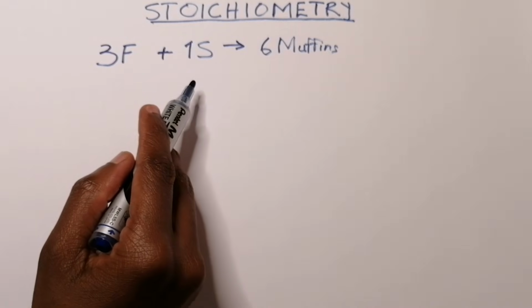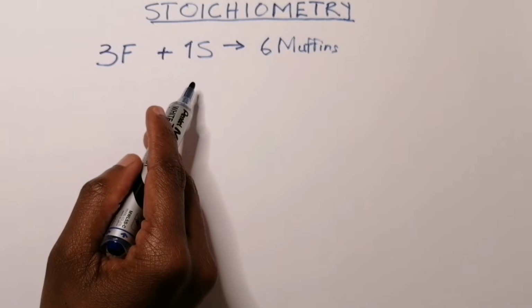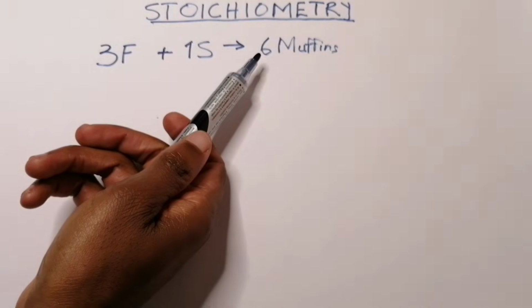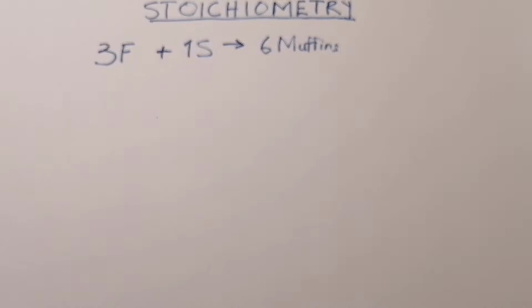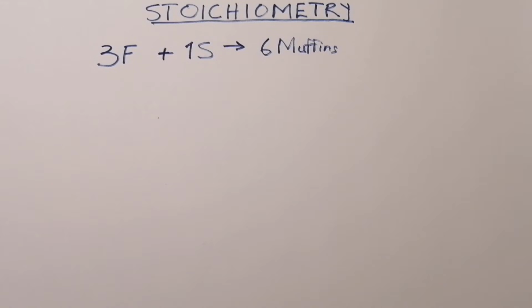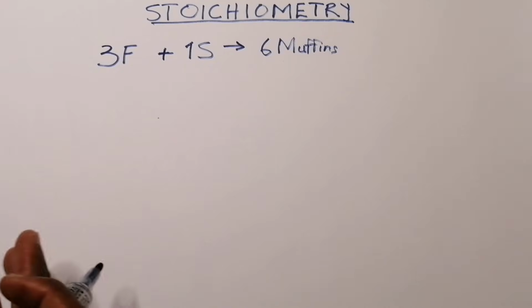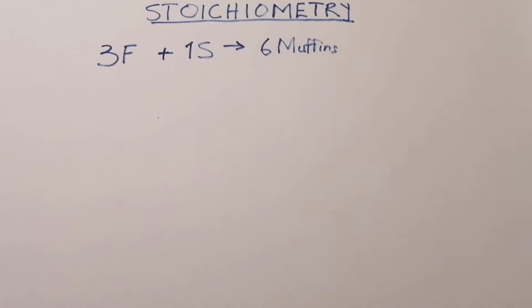Does that simply mean that every time we want to bake, we are going to bake 6 muffins? Of course not. But what it does show us is what our ratios of mixing are going to be so that we can always produce the same quality of muffin.